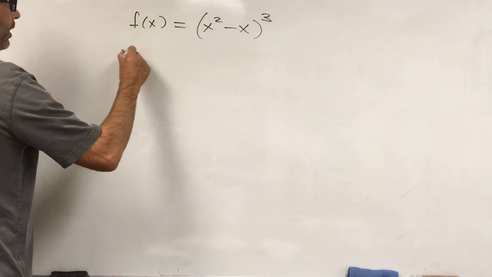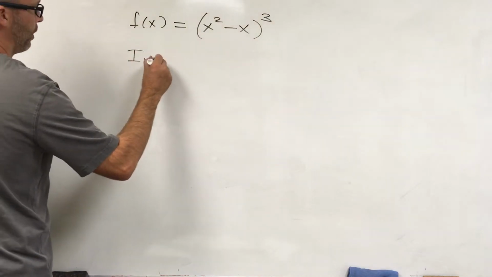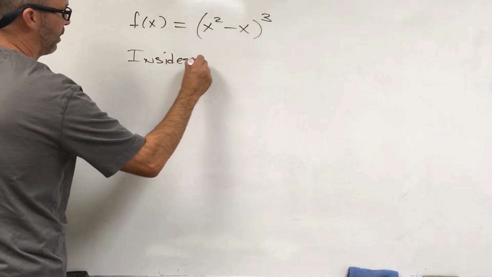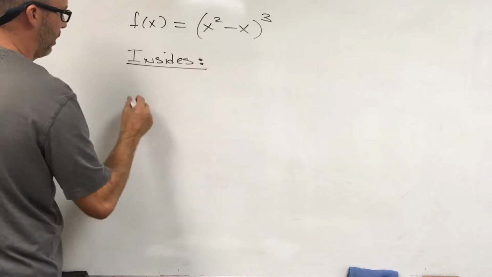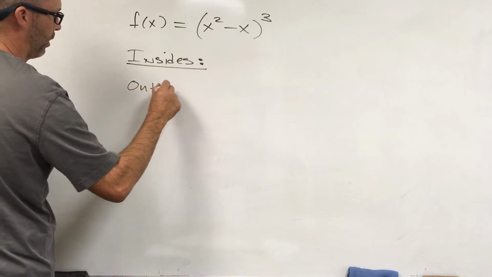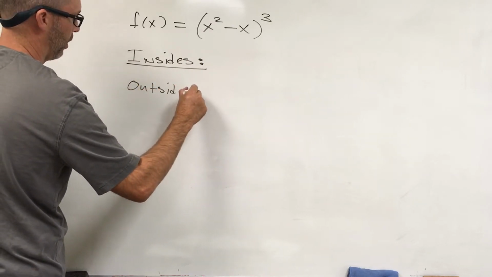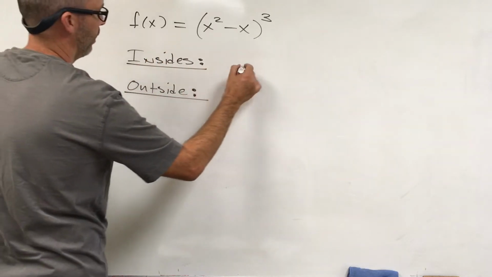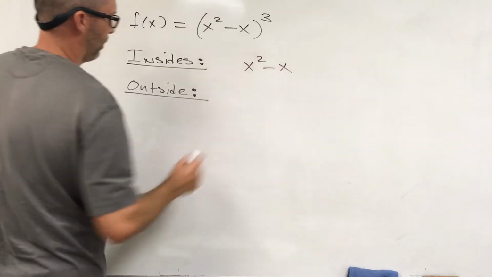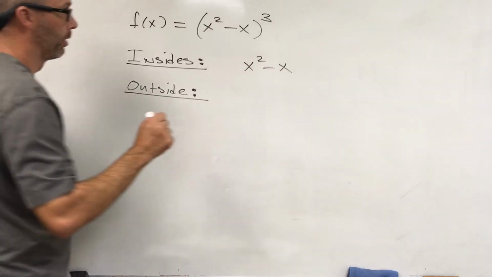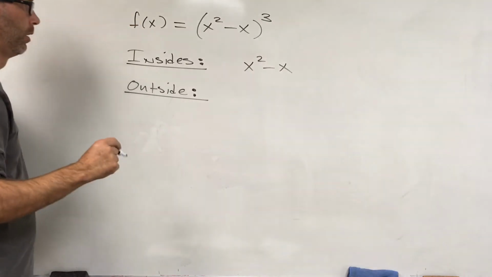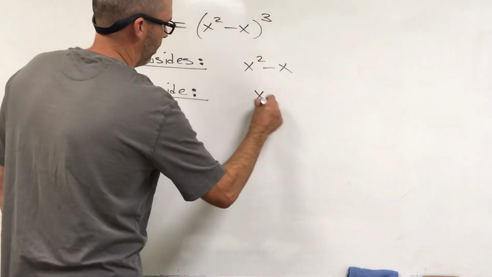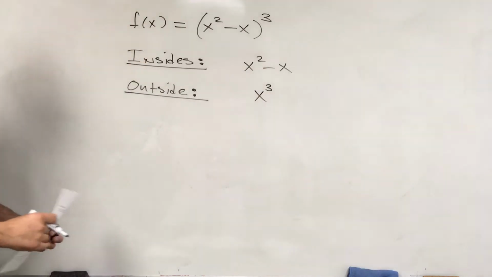All right, so there's an inside function and an outside function. So the inside and the outside. All right, the inside function here is x squared minus x. The outside function is x cubed.